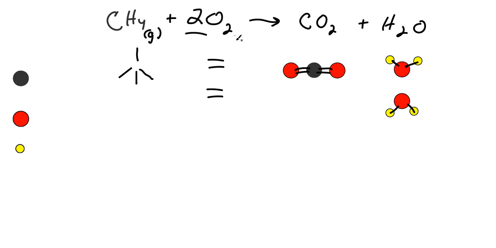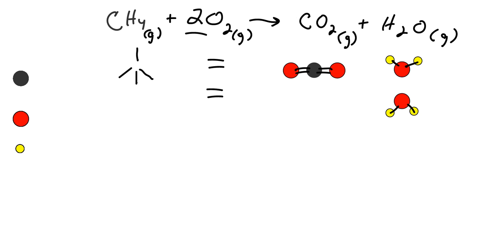Also, just so that we get in the habit of adding them, what we got is methane is a gas. O2 is a gas. Carbon dioxide is a gas, and this might not seem right to you, but H2O is a gas. Water is a gas because when we burn, the heat is enough that it's changed phase from liquid to a gas, so it produces steam or gaseous form of water. So this is the beginnings of balancing an equation.